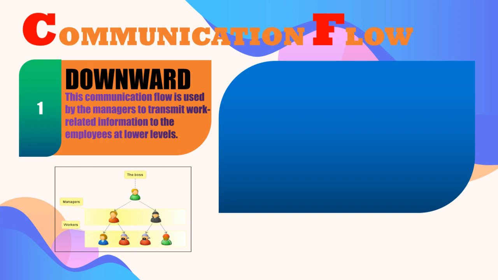In the diagram, we have the boss and the managers at the higher levels, and then in the lower levels are the workers. In this downward communication flow, the communication starts either from the boss or from the managers down to the workers.